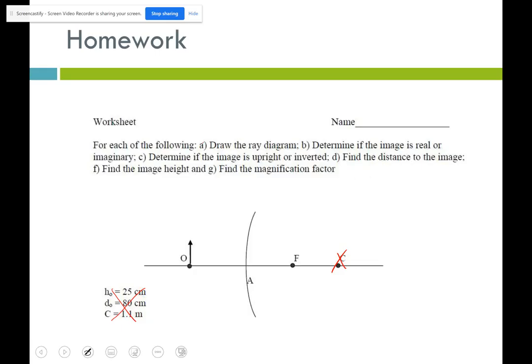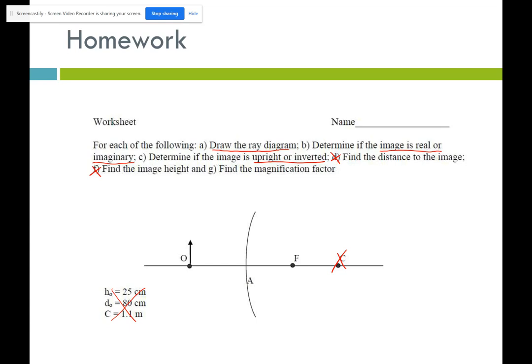But what you need to do is first draw the ray diagram, so do what we just did in the video, okay? And again, like we did in the video, you have to report, is this image real or virtual? Determine if it's upright or inverted, okay? Don't worry about finding the distance to the image or the height.